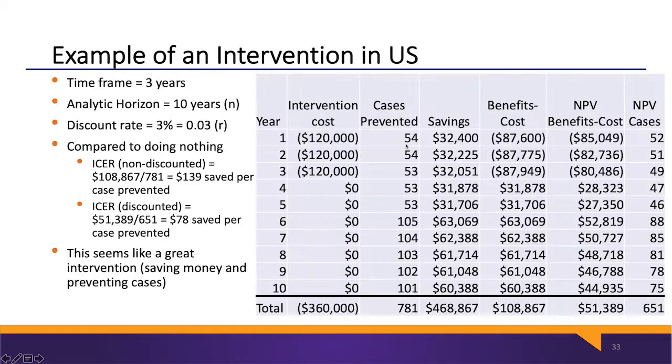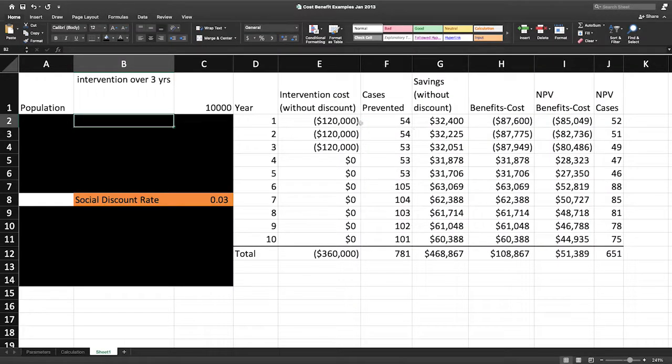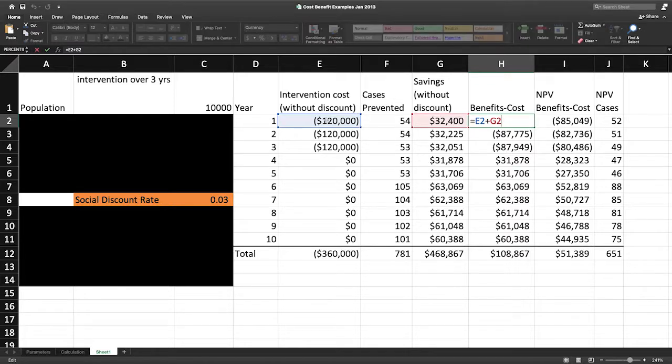I'm going to take you to the actual Excel spreadsheet to let you see how the calculations are made. And so here we have the exact same table where we have, for example, in year 1, we spend $120,000, we prevent 54 cases, and we save in medical costs about $32,000. And the benefit minus the cost is very simple. It's just this benefit minus this cost that occurs in year 1.